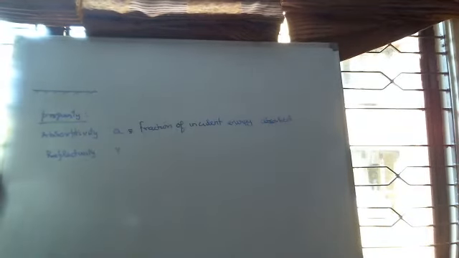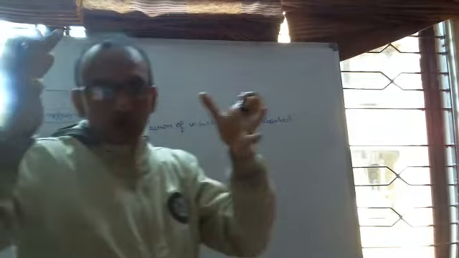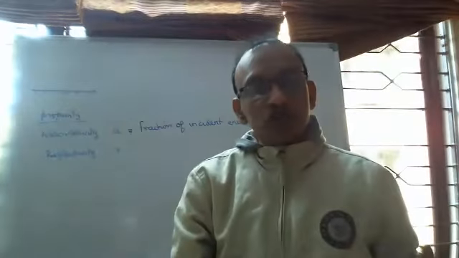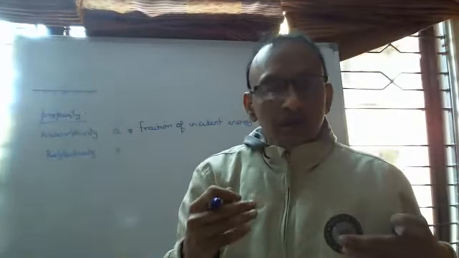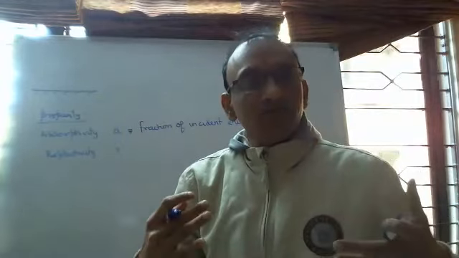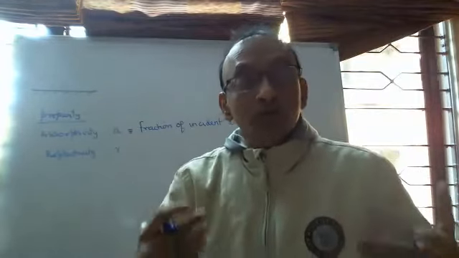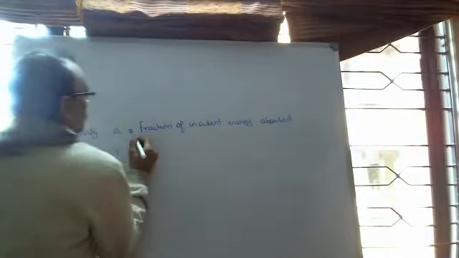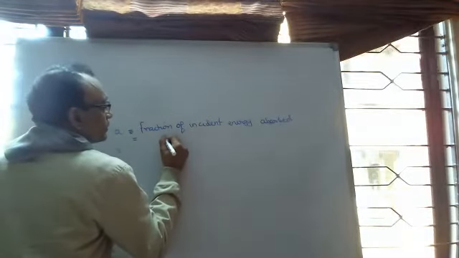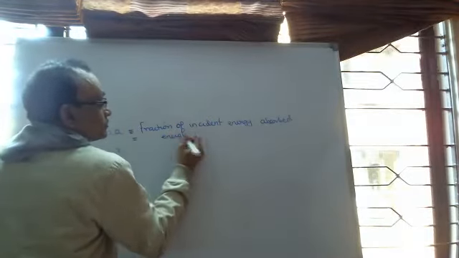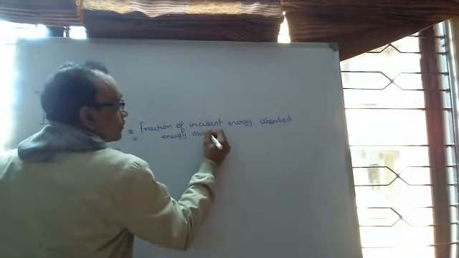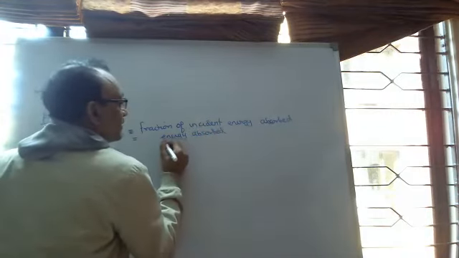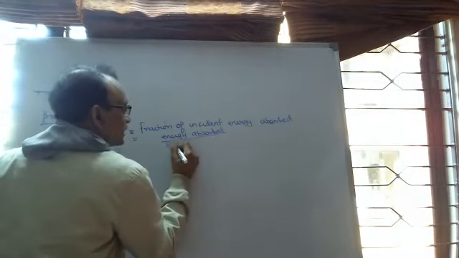The electromagnetic radiation that is striking the surface has a certain amount of energy. The fraction that is absorbed is absorptivity, which is obviously energy absorbed divided by total energy incident.